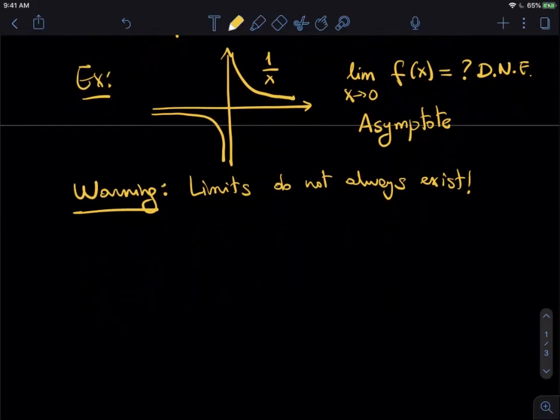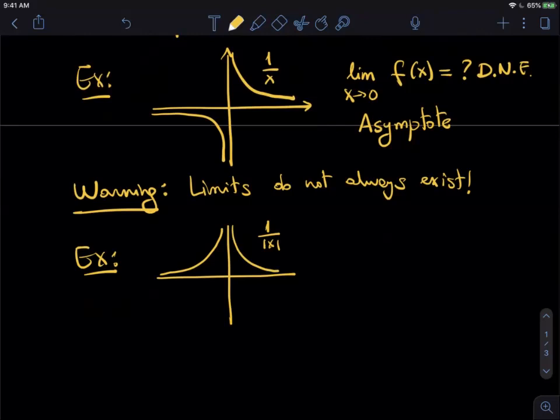It can be very dramatic like this, or a little less dramatic. Let's say 1 over the absolute value of x. In this case the negative part flips and becomes positive.